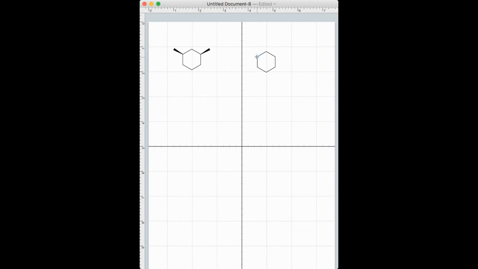Okay, so the molecule on the left, is it chiral or achiral? And same question for the molecule on the right side, chiral or achiral.